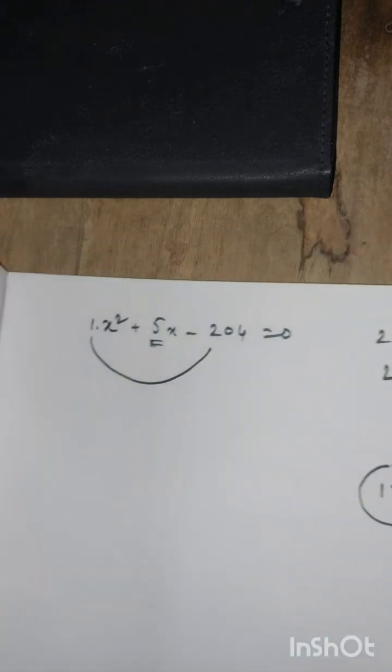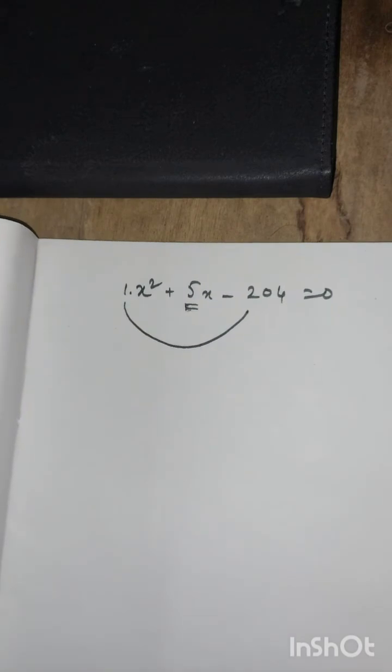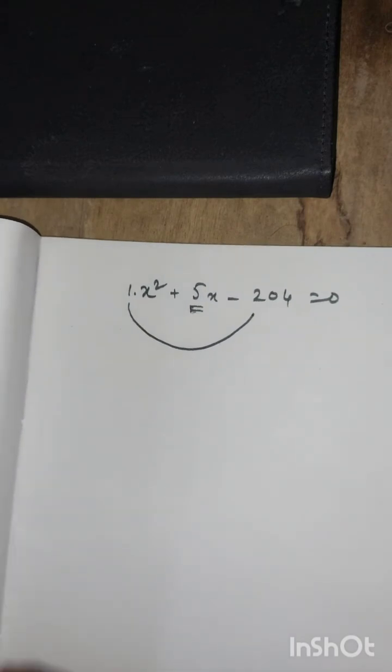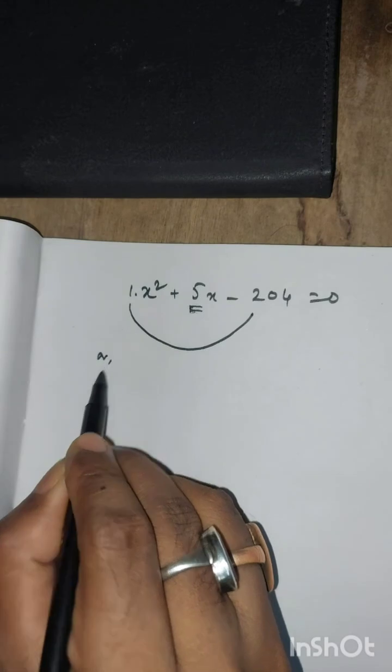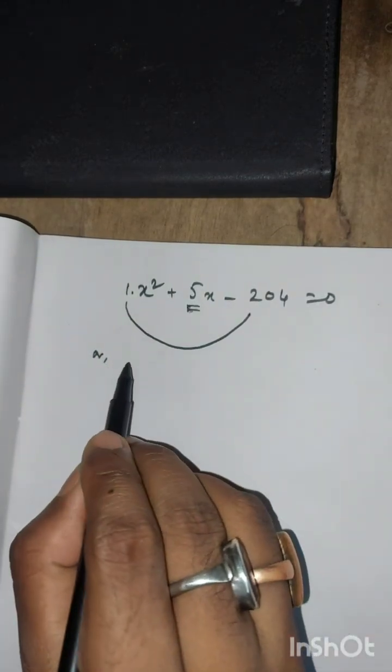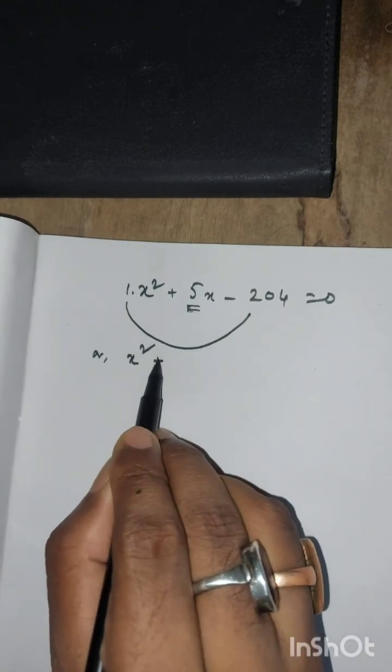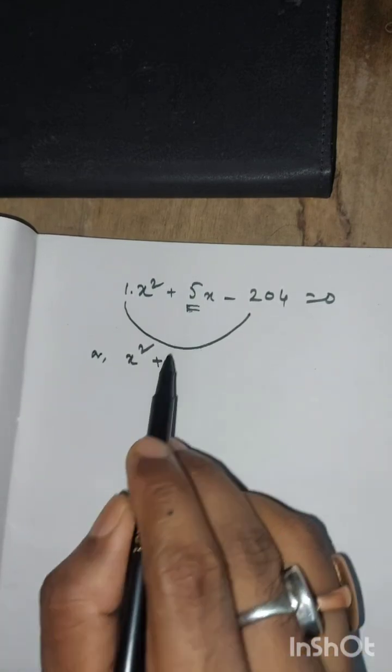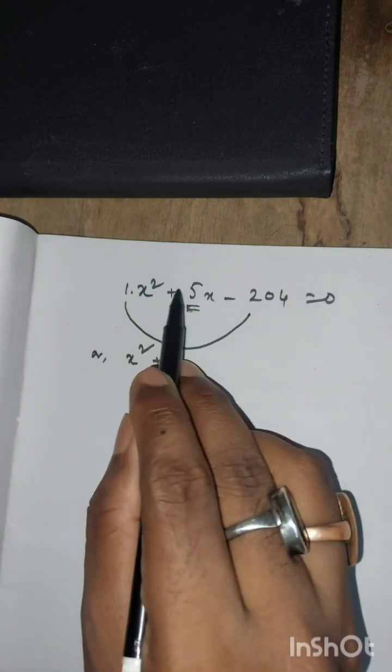Now we are going to break this number, so it becomes x square plus, we are writing x before this number.